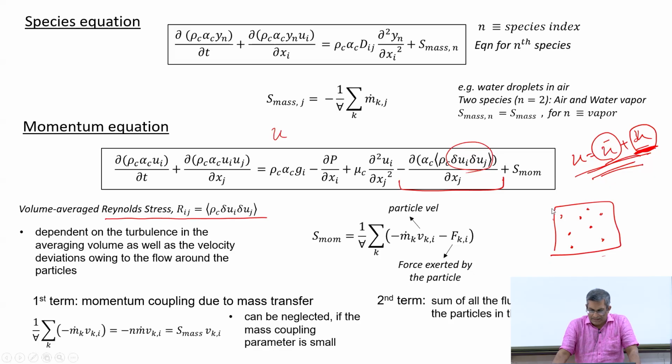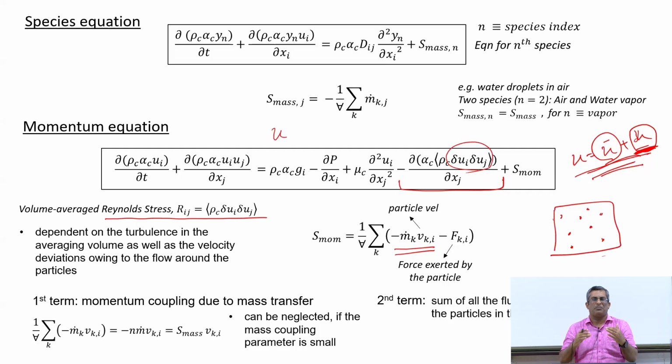Okay. Next, we have this source term. So here, what contributes to this source term in the momentum equation? You have two terms. If you see the first term, this is due to the particle velocity. So the particles, let's say, are evaporating. We are considering again and again this case of evaporation for better understanding, but it's not limited to evaporation.